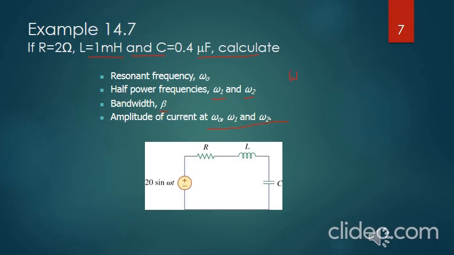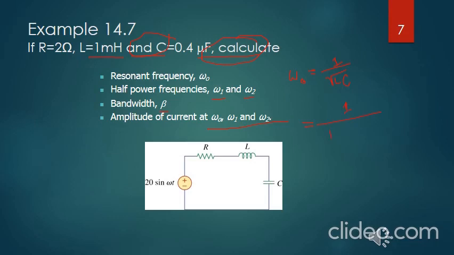So first of all, find out the resonant frequency omega naught. Omega naught is equal to 1 by root over LC at resonance. It's a very common equation. Put the value of L and C. 0.4 micro means 0.4 into 10 to the power minus 6 farad, and 1 milli means 1 into 10 to the power minus 3.